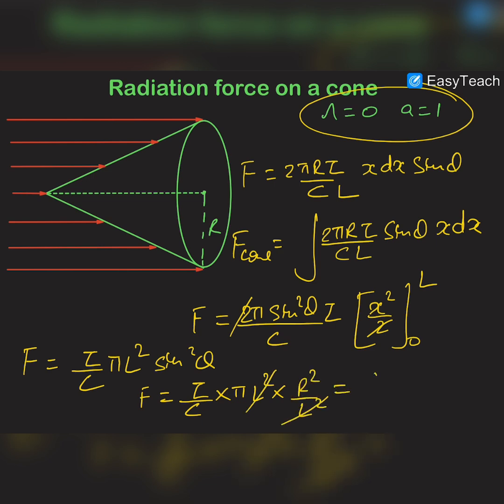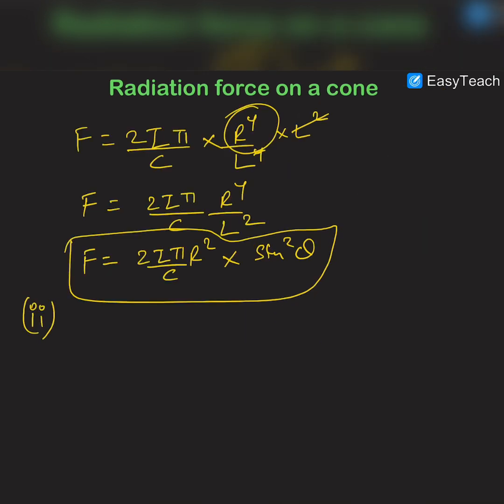So it would be I by c into pi r square. So this will be the result when the cone is absorbing, and the earlier result is when the cone is reflecting.